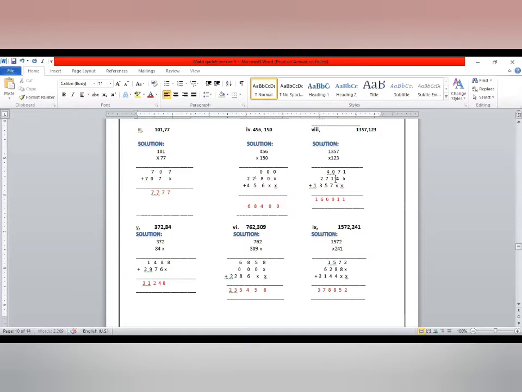Means keep the 0 or x, no problem. We will leave the one space, and for that we will keep here 0. Dear students, here we are just going to do x one time, then in the last 2 times x will be same.